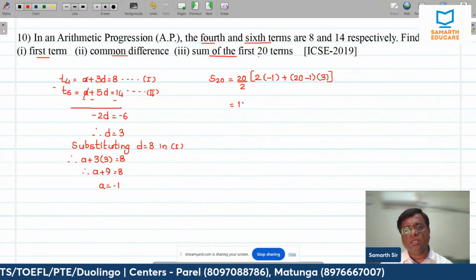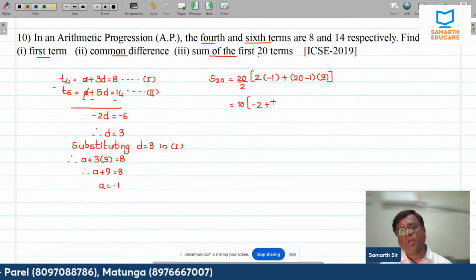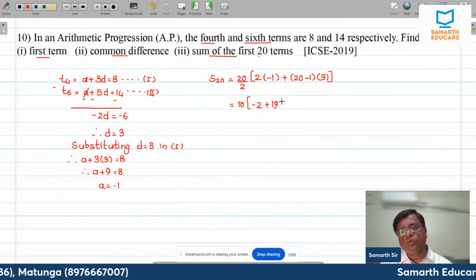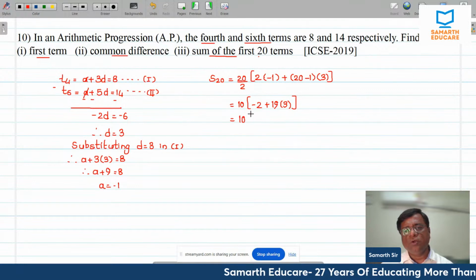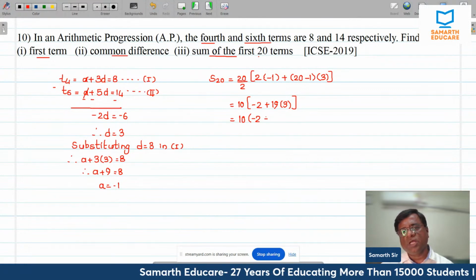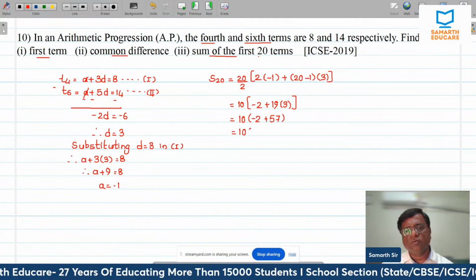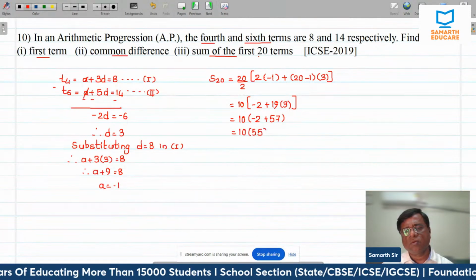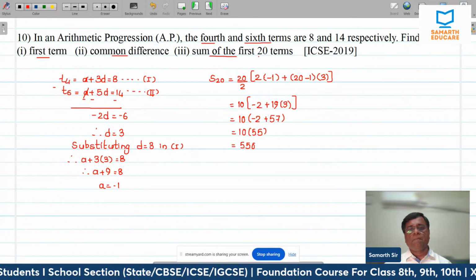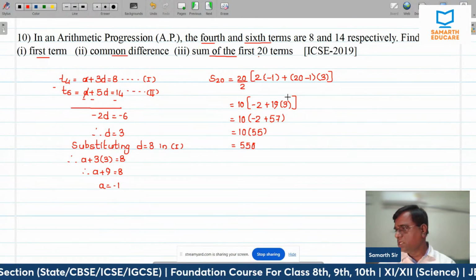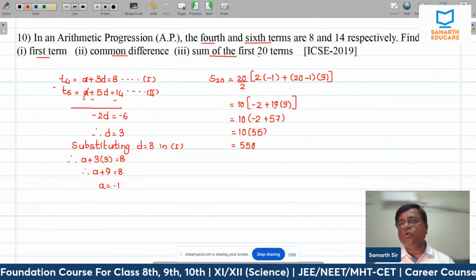This is 10 into minus 2 plus 19 into 3, which is 10 into minus 2 plus 57, that means 10 into 55, which is equal to 550. So check your answer accordingly. Okay, now let's come to today's questions.